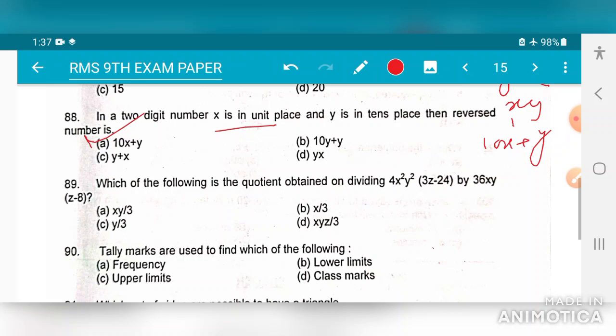Next, which of the following is the quotient obtained on dividing?